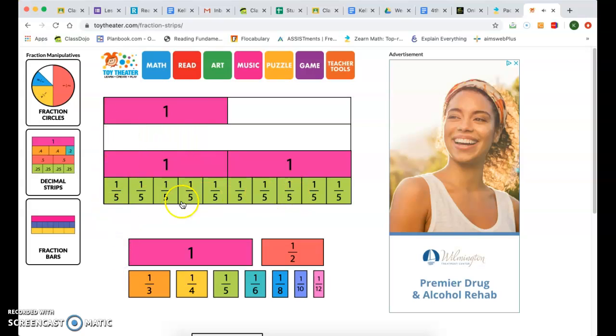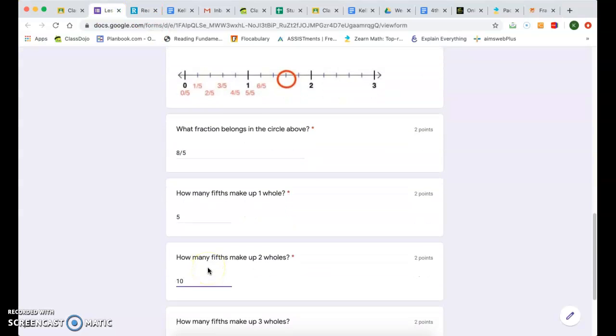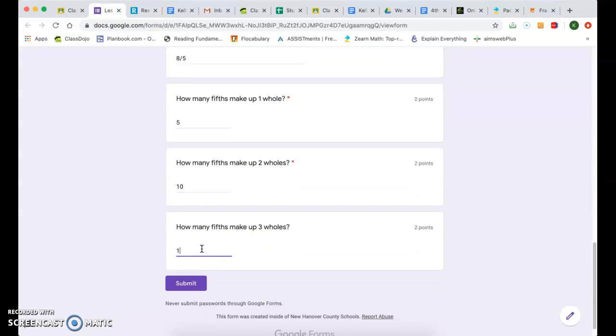I know right here I have 10/5 to make up two wholes, 11/5, 12/5, 13/5, 14/5, 15/5. There's one whole, 2 wholes, 3 wholes. So 15 make up 3 wholes.